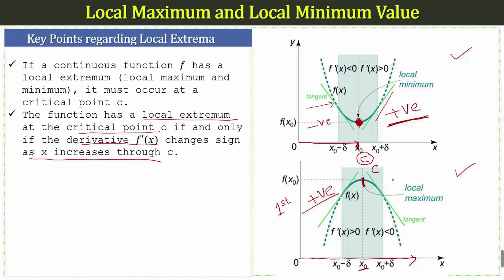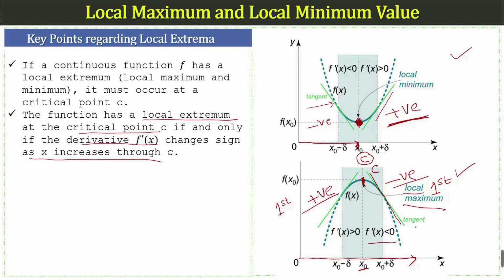After the critical point, as x is increasing through c, we can see the slope of this tangent line is negative, or the first derivative in this case is negative, that is less than 0. So at this point the function will have a local maximum.